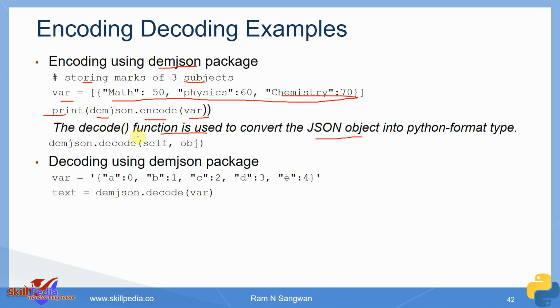So we use decode. Decoding using a JSON object. This is an example where the values are A0, B1, C2, D3, E4, and I want to convert or decode it into a Python data type. So we use decode. So from Python to JSON we use encode. From JSON to Python we use decode.